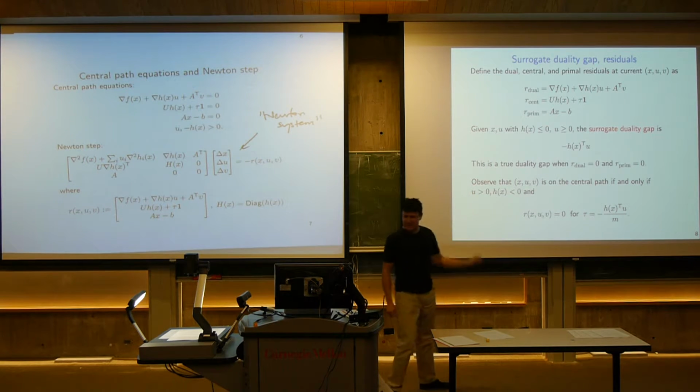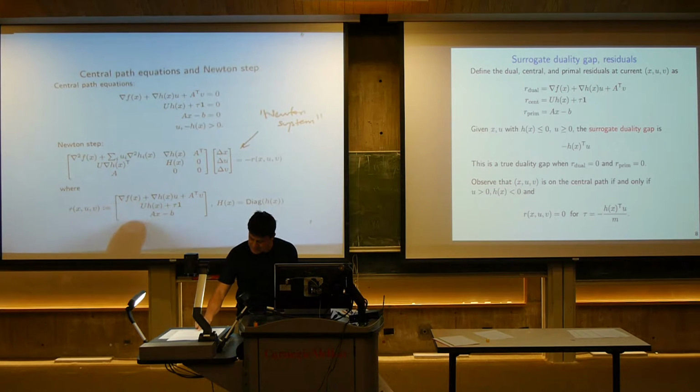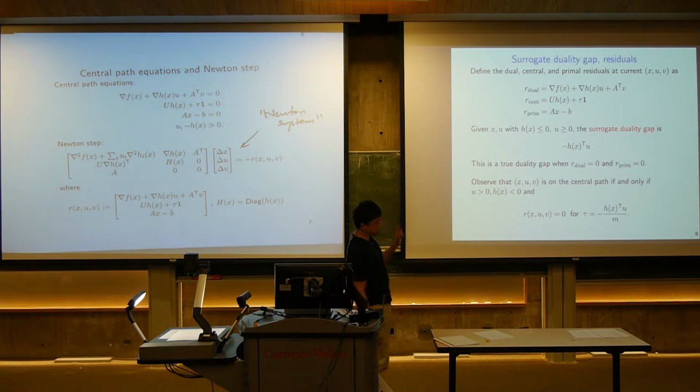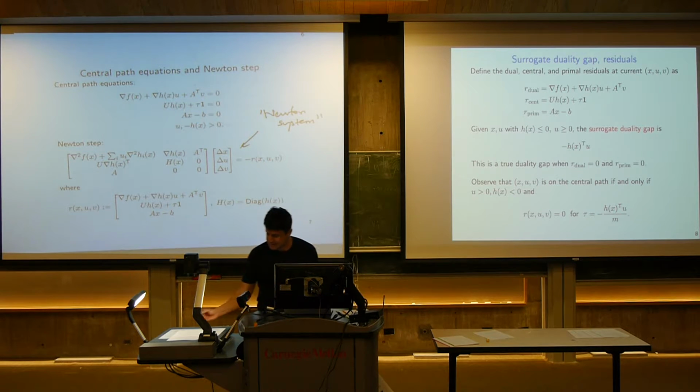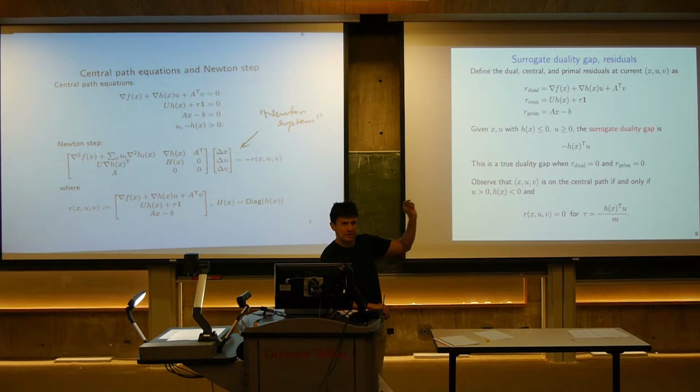So a little thing about the residual here. The system of equations that we want to solve is called R because we often think about each of them as a residual. In particular, the first block of equations, the first component of R, you can think about as some kind of dual feasibility equations.